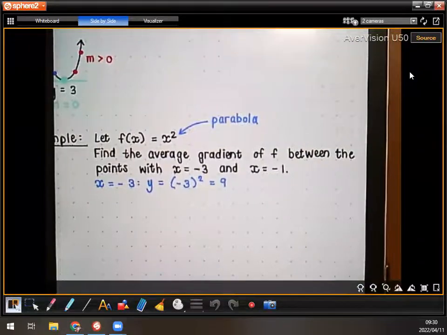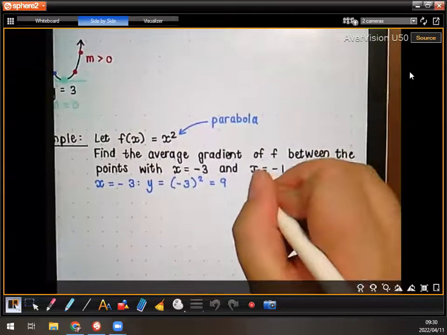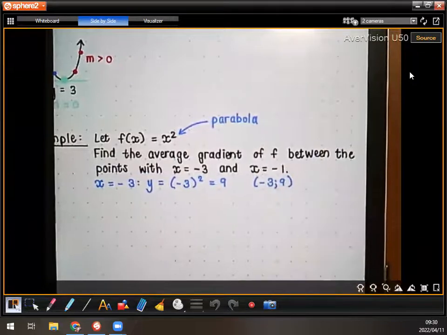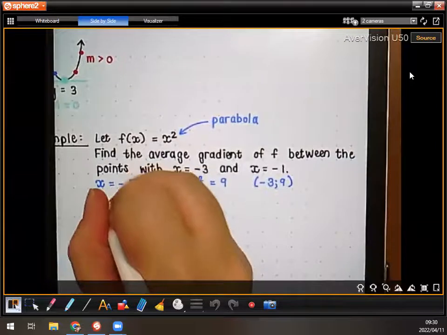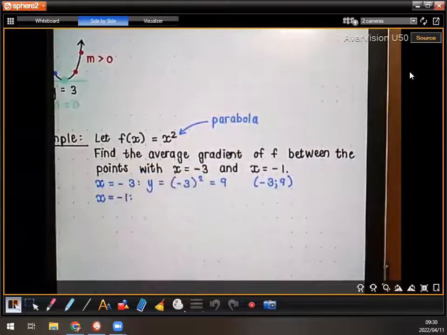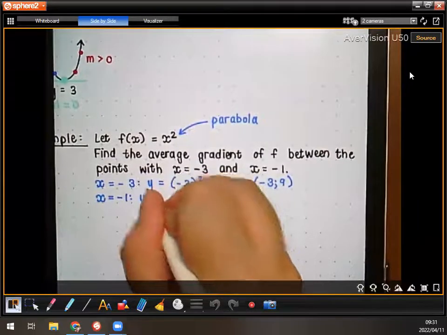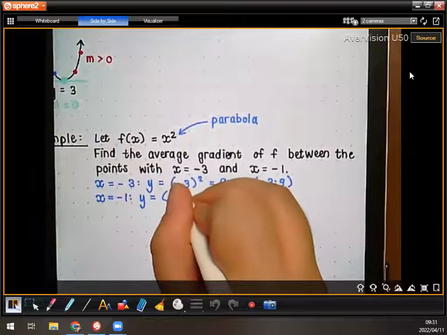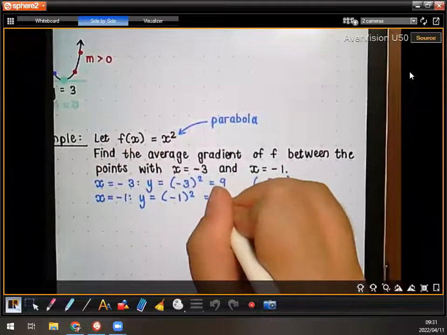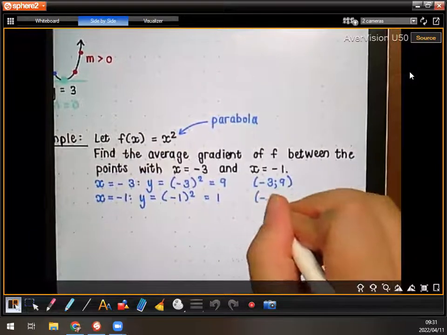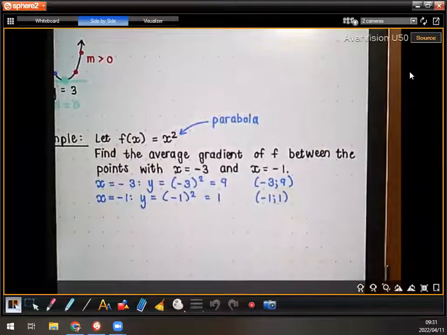All right, so one of our points is the point -3 and 9. When x is -1, so that's the other x value that they've given us, y is going to be x squared, so -1 squared, and that is just 1. So the other point that we have is -1 and 1.